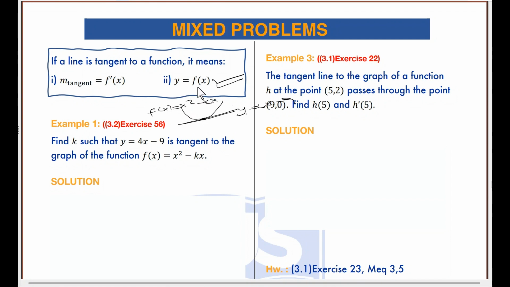This will not be enough for us to find the unknown. The question will ask us to find the unknown letter, either in the line or in the function. We will need another piece of information. We know that at that point, the slope of the tangent line is equal to the derivative of the function.